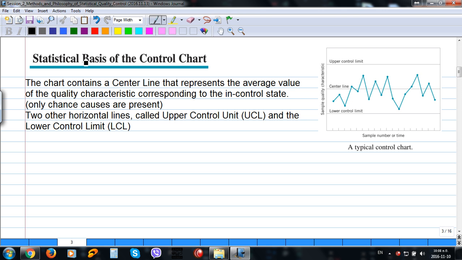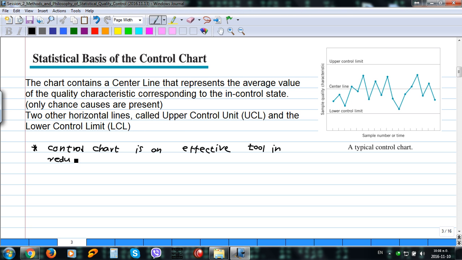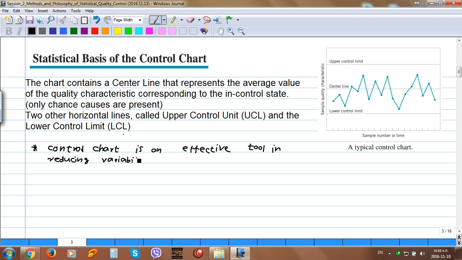However, the control chart is an effective tool in reducing variability in statistical process control.